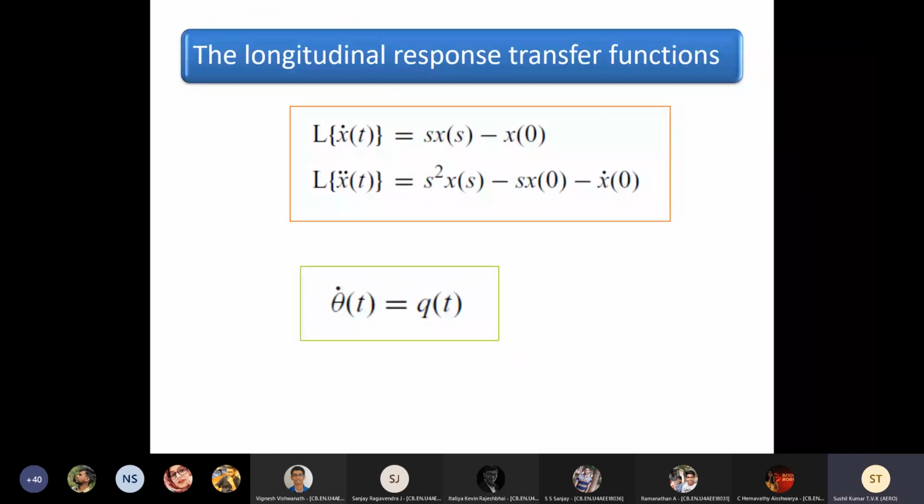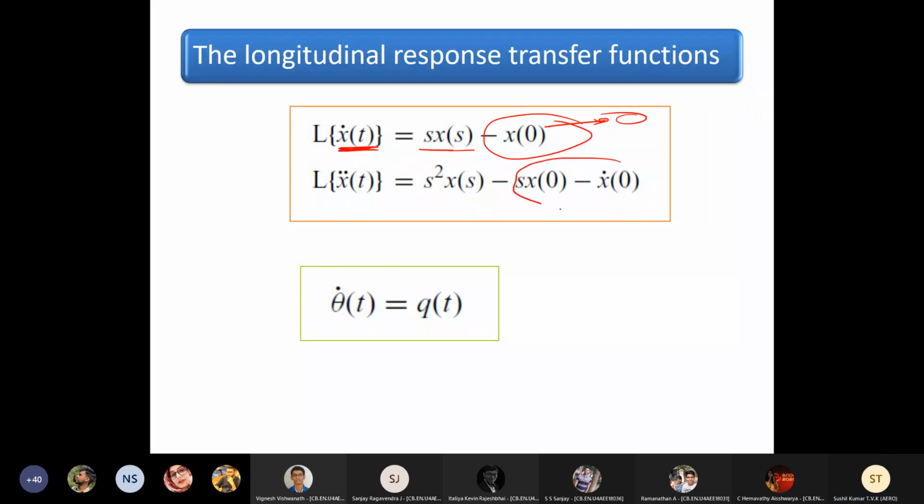Just a recap of your Laplace transform. Suppose you take Laplace of x dot t. It's nothing but s times x of s. Initial conditions and all, at times you make it 0 to simplify the equations. Okay. So you'll have all these things becoming 0.